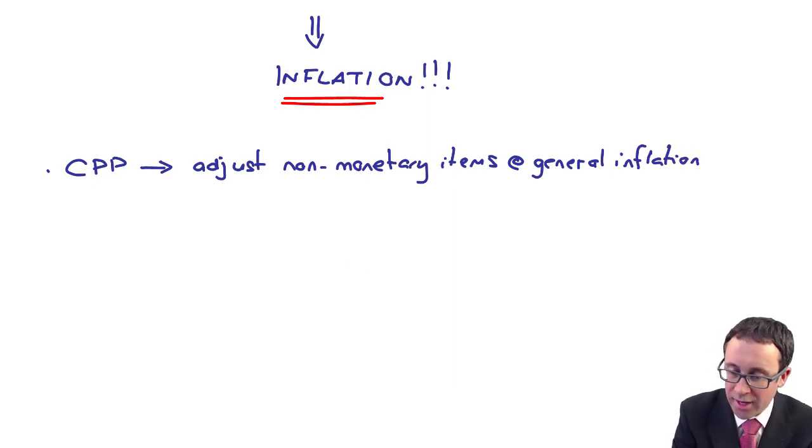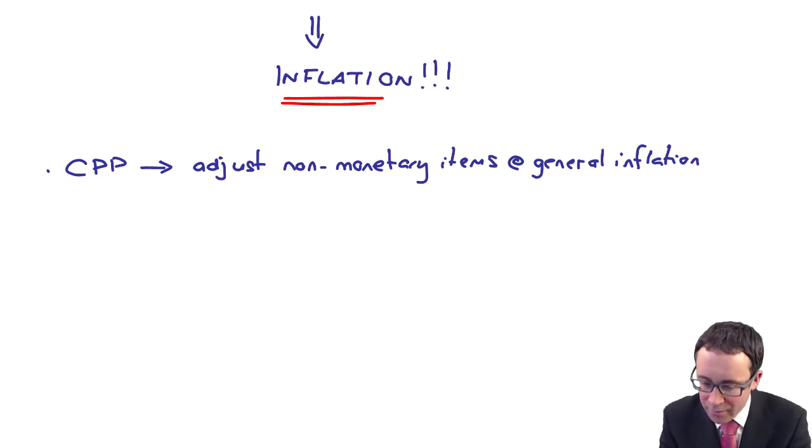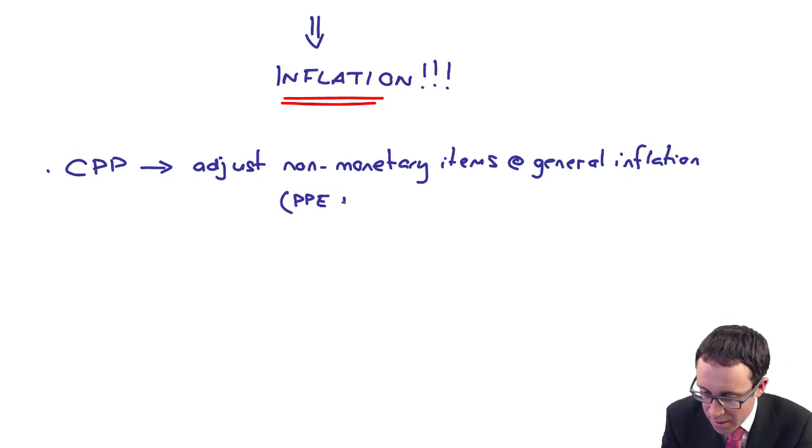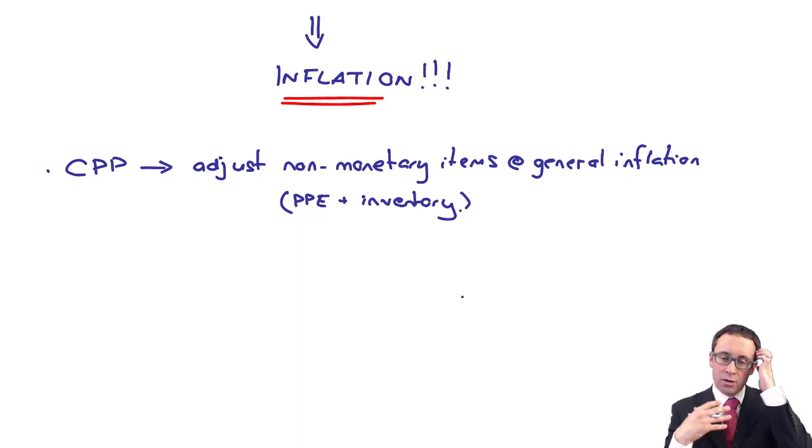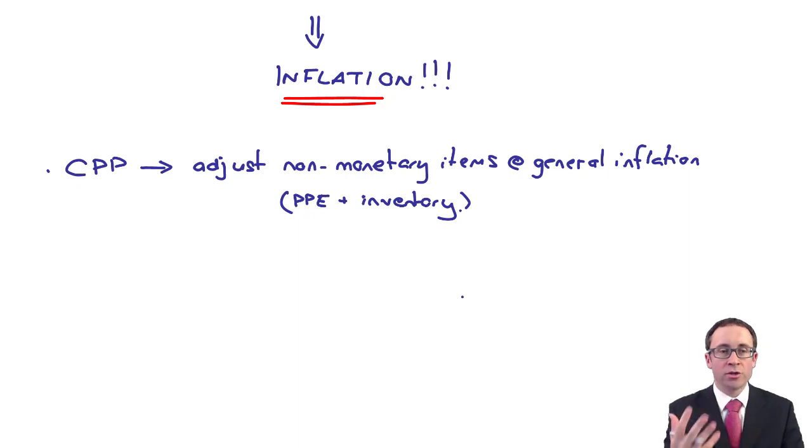Okay, so non-monetary items, things that aren't readily converted into cash. So things such as PPE and inventory. Okay, so your current purchasing power is going through there and adjusting for your inflation.